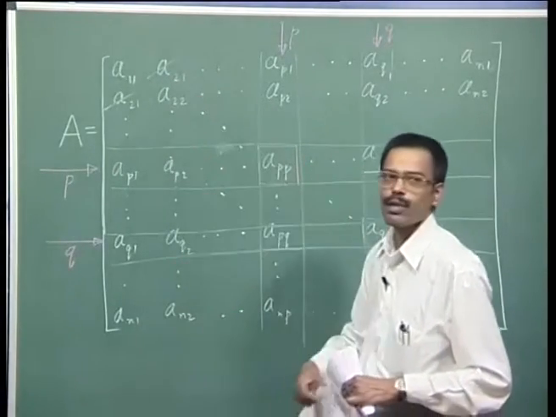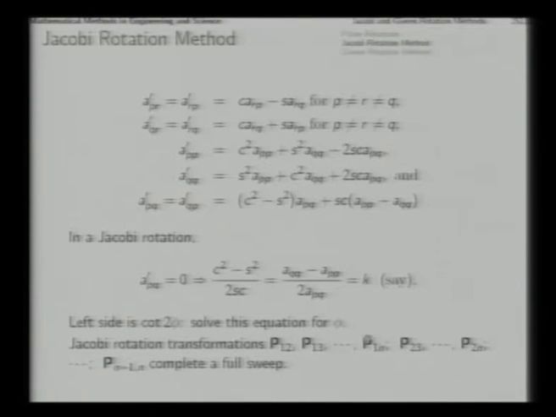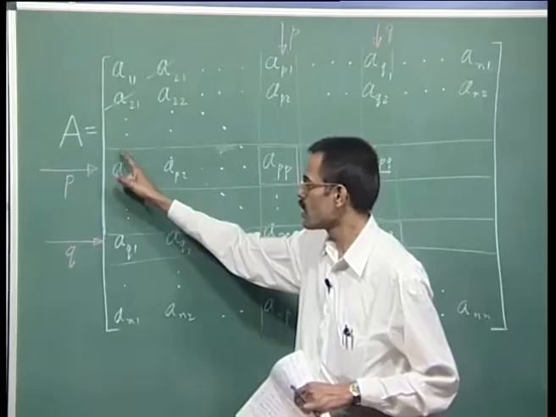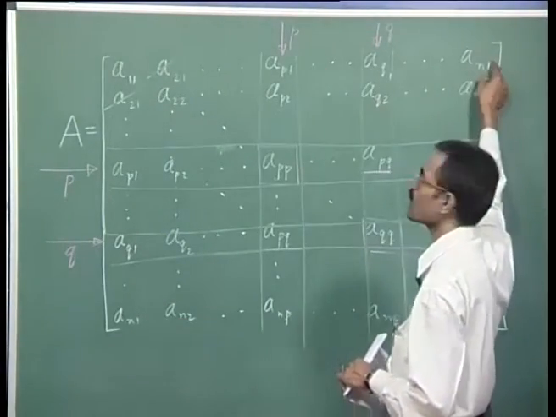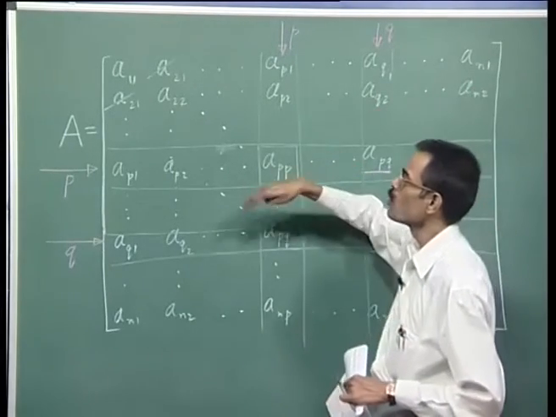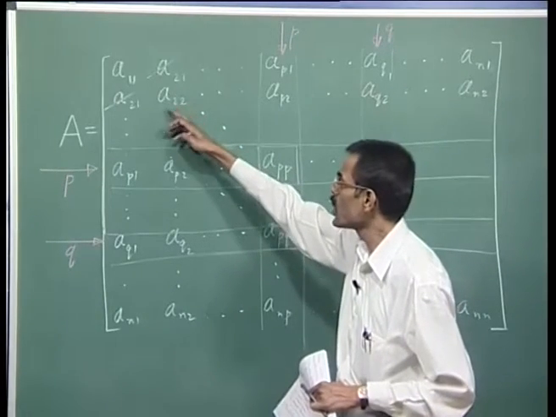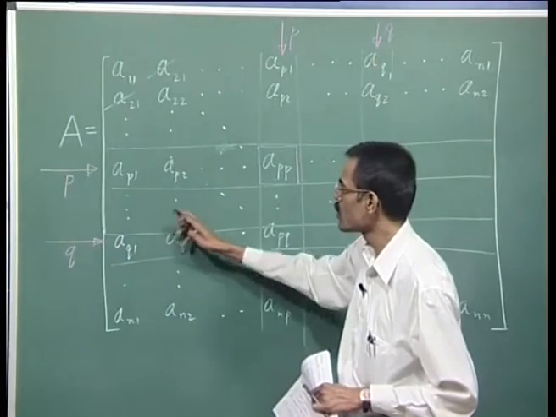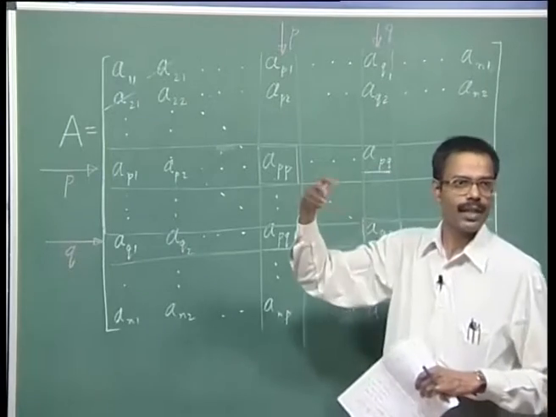So, like that, as we go on applying the rotations P12, P13, P14, P15 up to P1n, that means one by one we will be trying to set this as 0, then this as 0, then this as 0 up to this, which due to symmetry at the same time we will set these as 0. Next, we move to the second column and second row, and below A22, below the diagonal entry, we will try to make these as 0, 0, 0, 0, 0, 0. At the same time, these also will become 0 in turn.